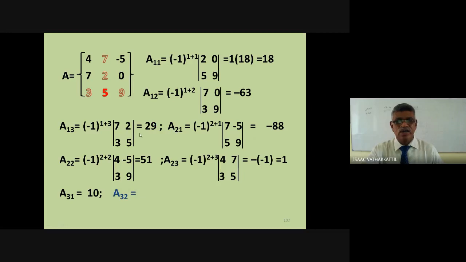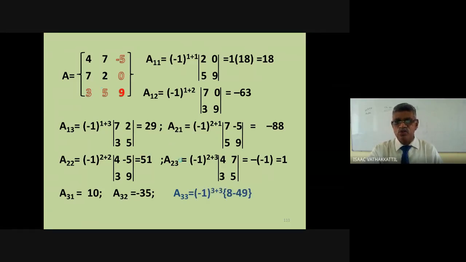Now A32, minus 1 raised to 3 plus 2, that is minus 1 raised to 5, into 0 minus 35, so minus 35.